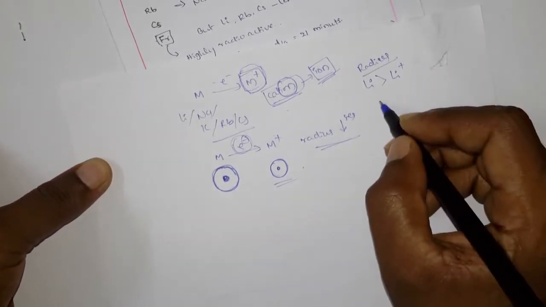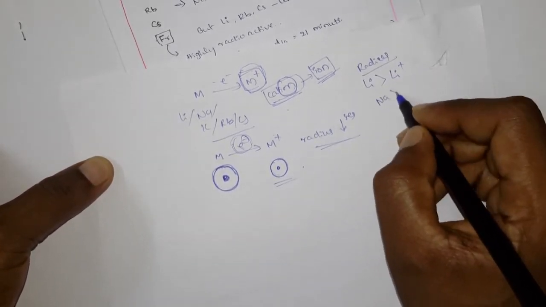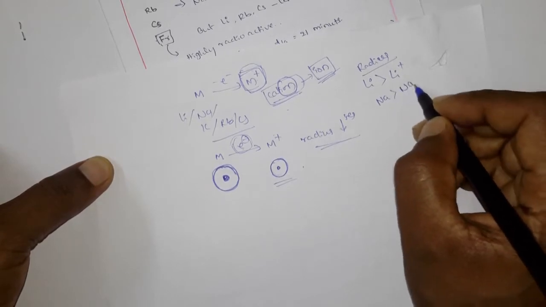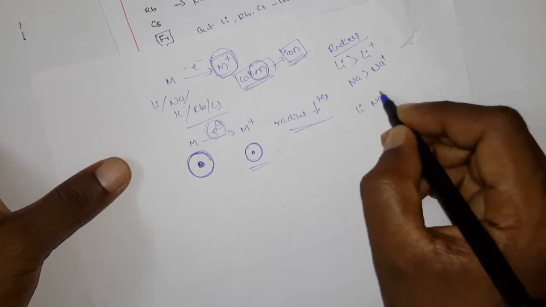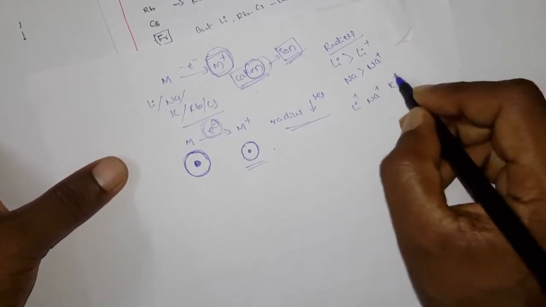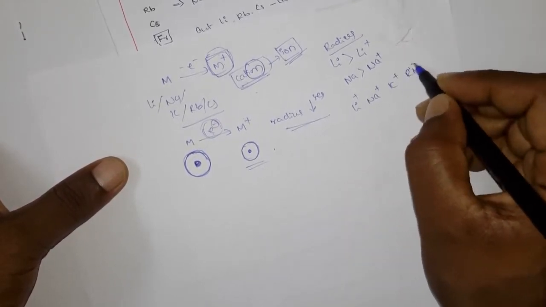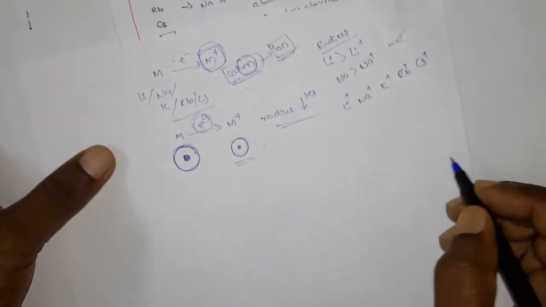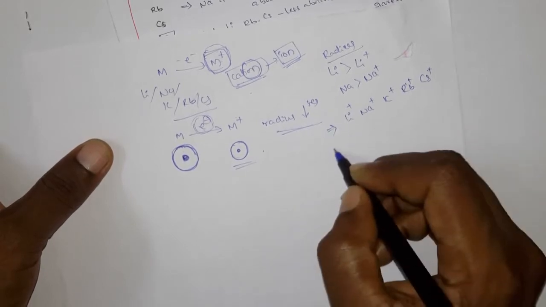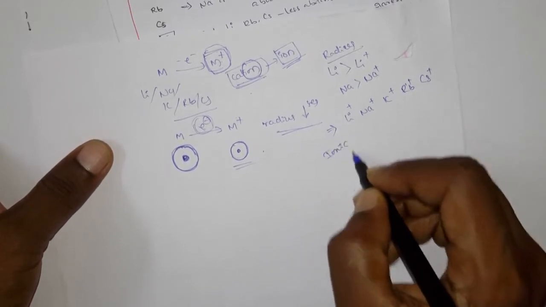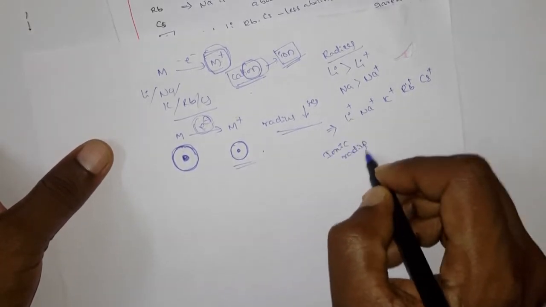And any metal, say sodium, generally has a higher radius than the corresponding cation. But again, in lithium plus, sodium plus, potassium plus, rubidium plus, and cesium plus, what will be the tendency? Simply, you call it the ionic radius.